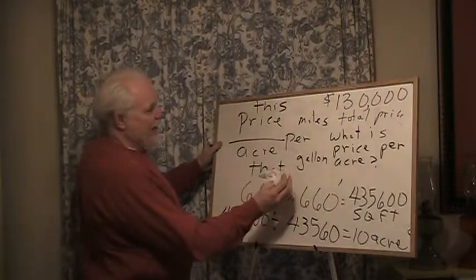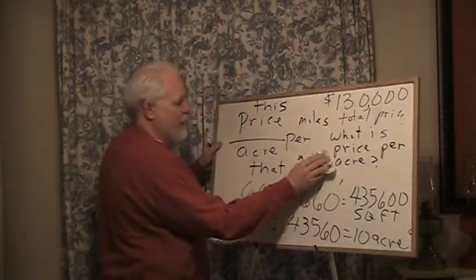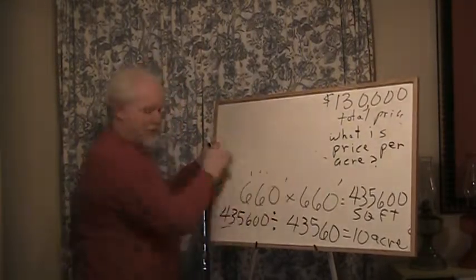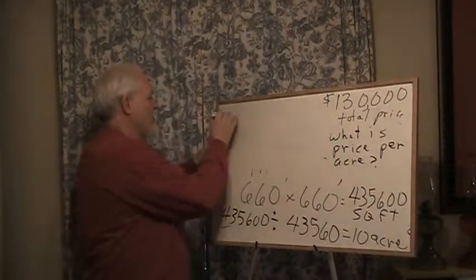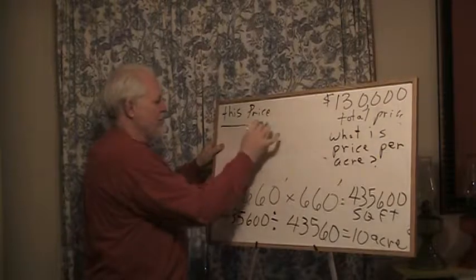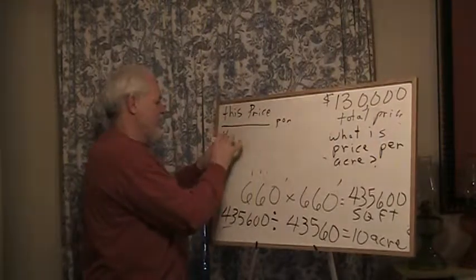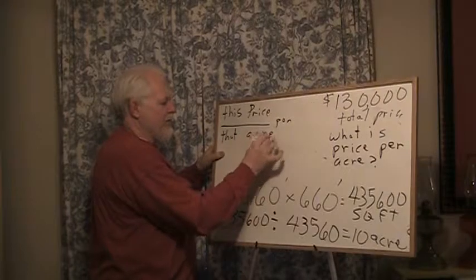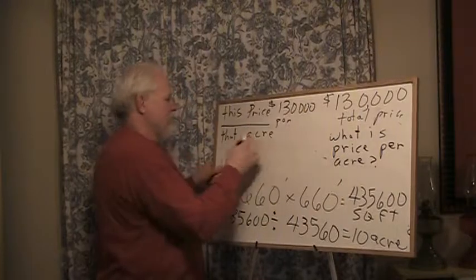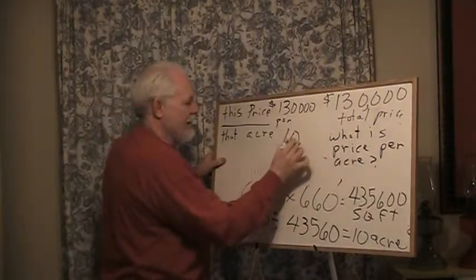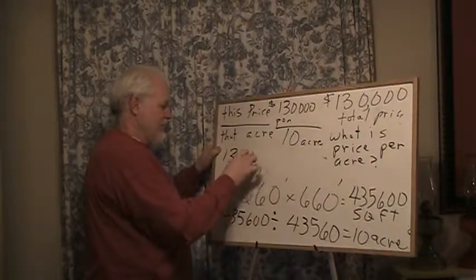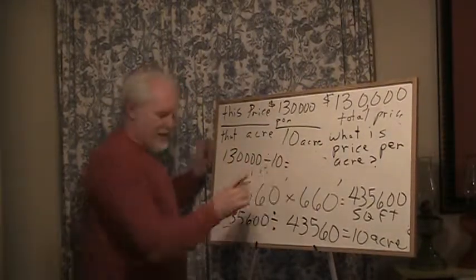And now, so we got 10 acres, and the question is, what is the price per acre? All right, I'm going to erase this, and then I'll write it back. So the question is, what is the price per acre? Price is 130,000, 10 acres. 130,000 divided by 10.